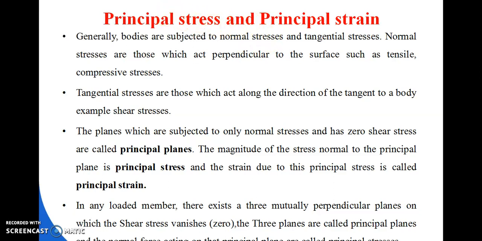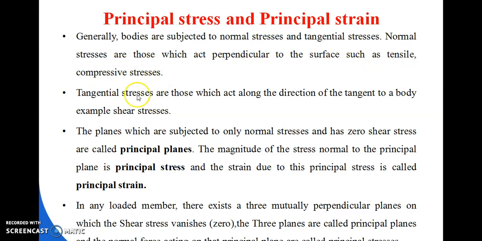So due to this loading system, the body will develop a stress. According to the tensile force, it is known as tensile stress, and according to the compressive force, it is known as compressive stress. So in case of normal stress, we have to consider two stresses, which are tensile and compressive stress.